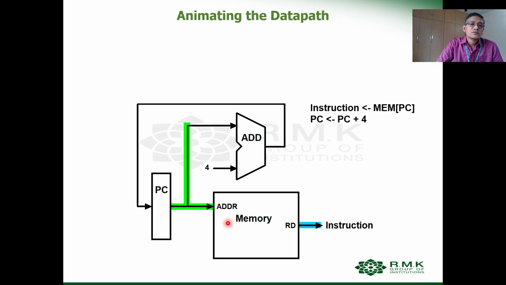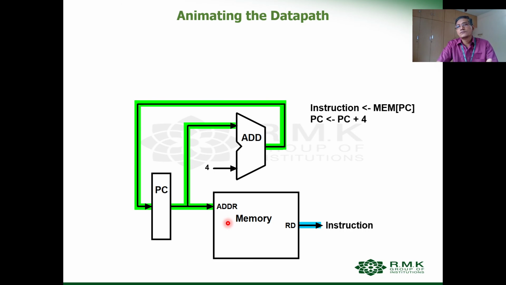Meanwhile, the PC content is given to one input of this adder, and we are also adding 4. PC equals PC plus 4 is added and restored back to the PC.